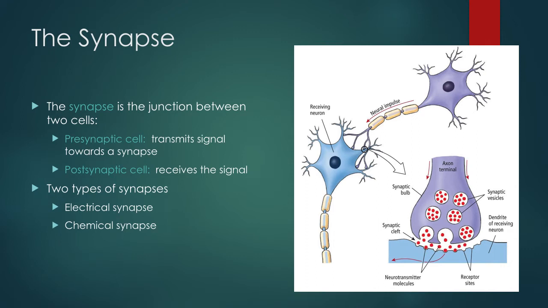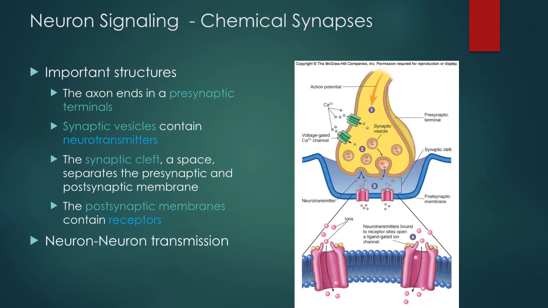Some cells can electrically stimulate other cells, but the majority of neurons are going to send a message by sending a little chemical messenger. And so these are chemical synapses, and the messengers are neurotransmitter molecules. And it's the shape of the molecule that sends the message. So these neuron signals at chemical synapses happen at a presynaptic terminal where there's a slight enlargement of the axon.